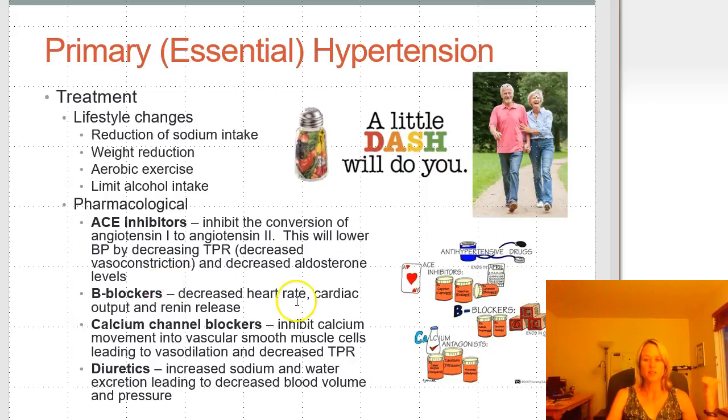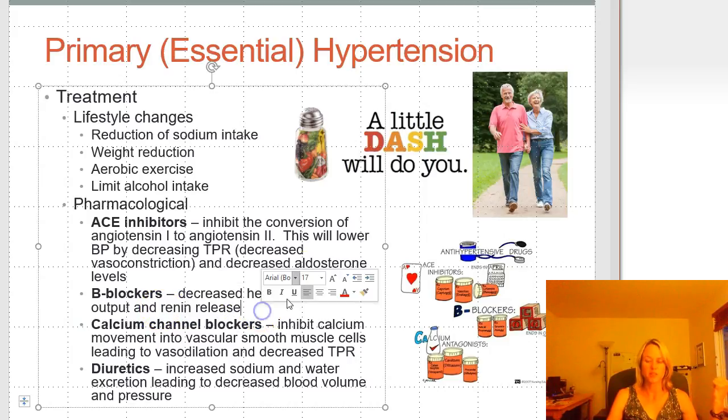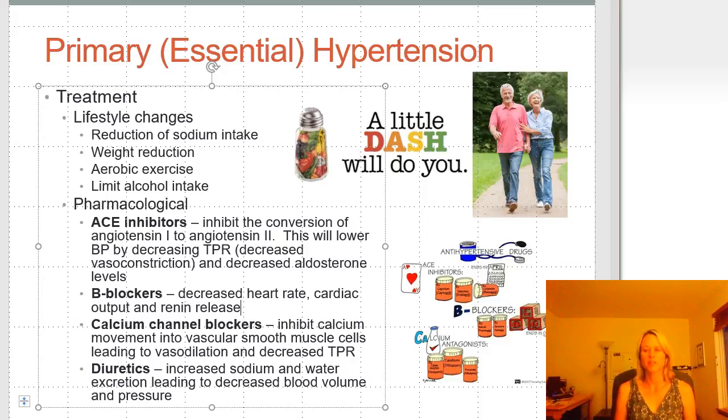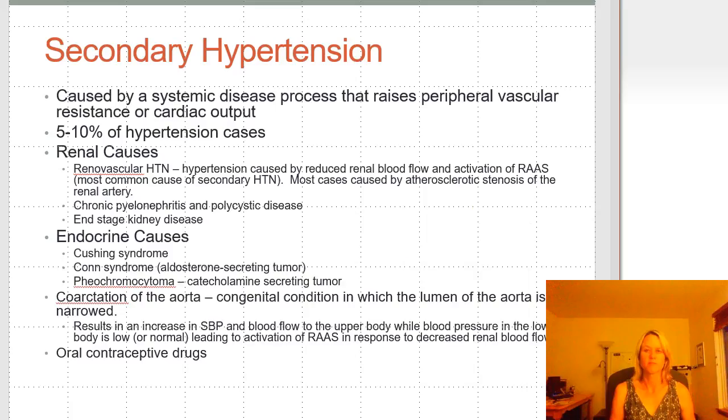Beta blockers act to decrease heart rate, cardiac output, and decrease the renin release, which is going to promote aldosterone and angiotensin 2. Calcium channel blockers are going to inhibit calcium movement into the vascular smooth muscle. That can cause vasodilation and decrease total fluid. And then finally diuretics, which lead to increased sodium and water excretion, which is going to lead to decreased blood volume and thus decreased blood pressure.